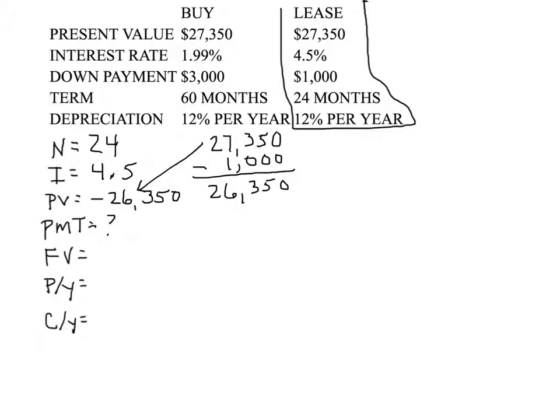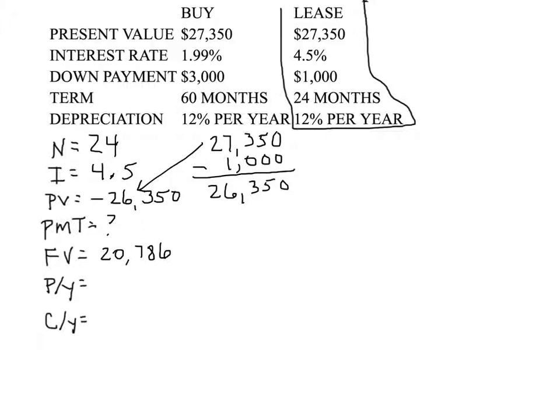The future value of the car, we have to look back at number 18, because the future value is going to be what the car is worth after the 2 years is up. So that's why we had to find that depreciation and figure out the value after 2 years. So we're going to use the $20,786 that we found in problem number 18, because that'll be the future value.